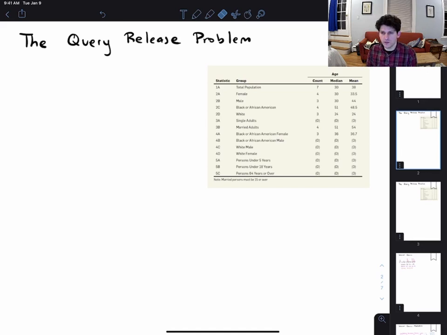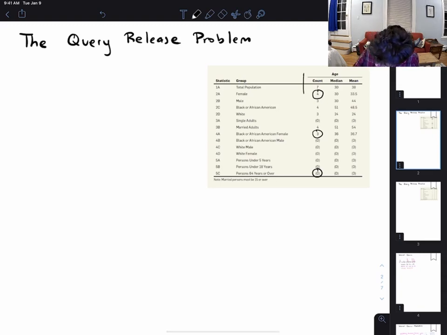Remember the census collects lots of demographic information, and they want to release tables like this one with statistics like how many members of my data set identified as female, or how many members of the data set identified as a Black or African American female, or how many are 64 or over. There are lots of individual statistics in this table, and we can capture releasing a table like this as a big collection of little simple statistics.